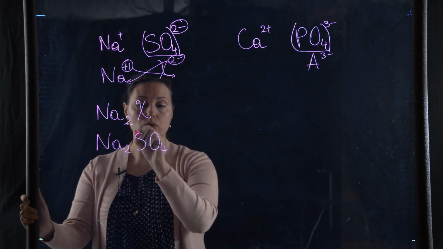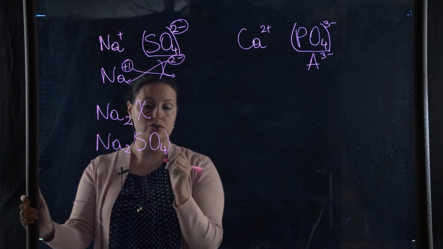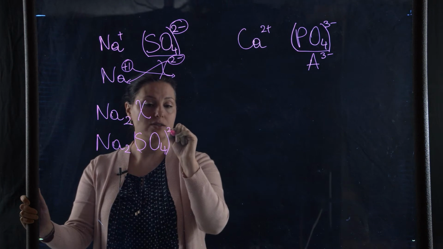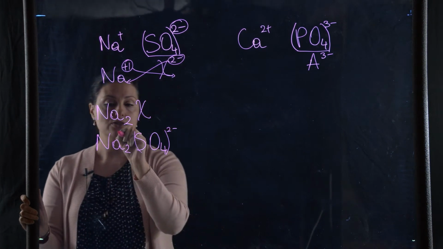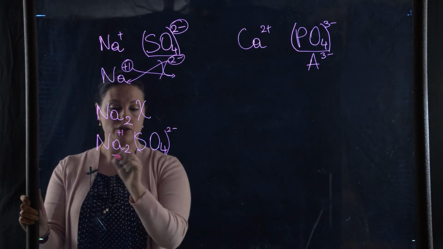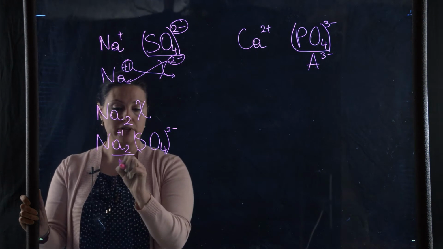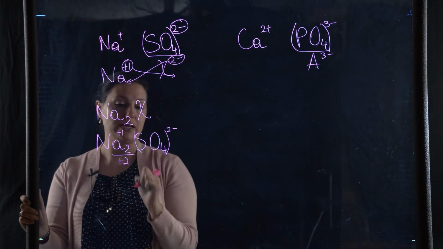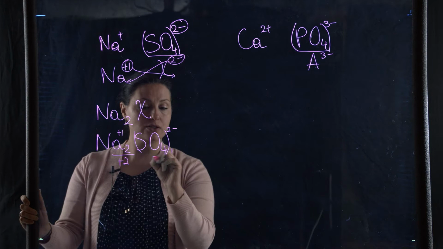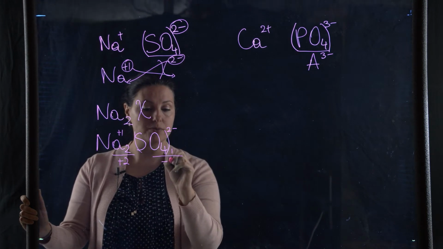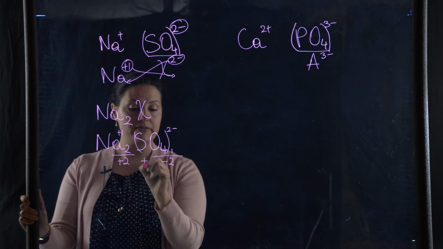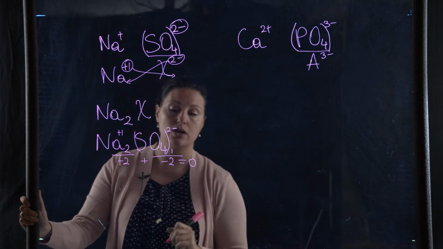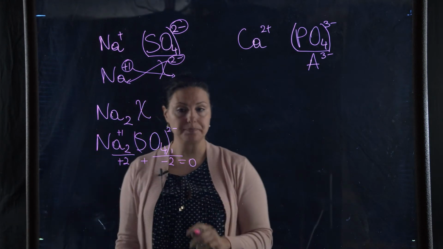Now, let's do the charge check. This SO4 has a 2- charge. Sodium has a +1 charge. The total positive charge is +2 because I have 2 sodiums times 1. I have 1 SO4, 1 times -2 gives me a -2. So if I add these, they will give me a 0 charge. So I've done this correctly.